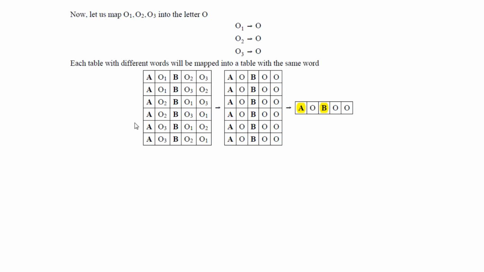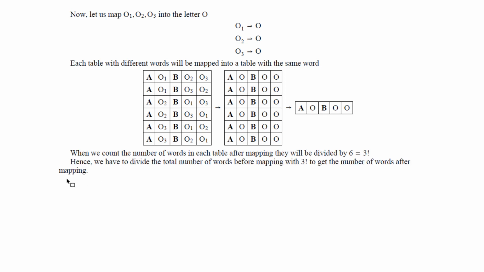So each table will be divided by 3 factorial, which is the number of permutations of O1, O2, and O3. So when we count the number of words in each table after mapping, they will be divided by 3 factorial. Hence, we have to divide the total number of words before mapping by 3 factorial to get the number of words after mapping.